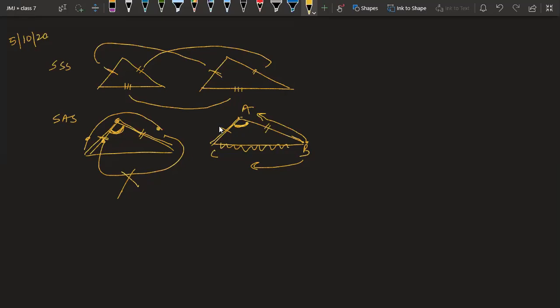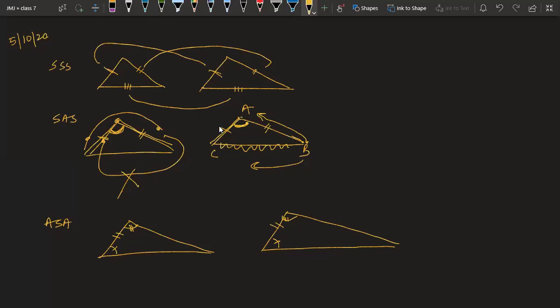And important thing is it should be an included angle. The third thing we have studied was angle side angle. Two triangles are said to be congruent using the criteria angle side angle if one angle, side and the third angle in continuation are equal.